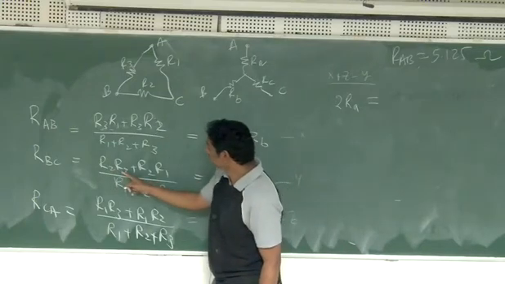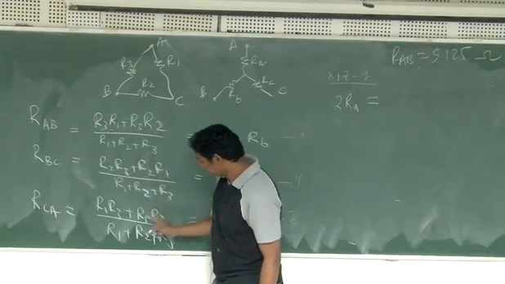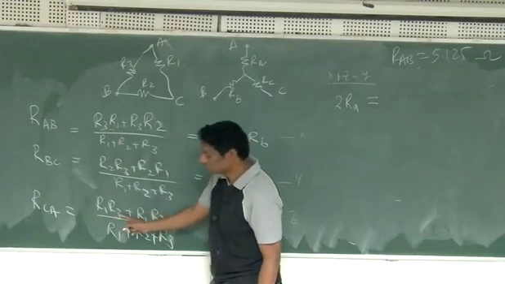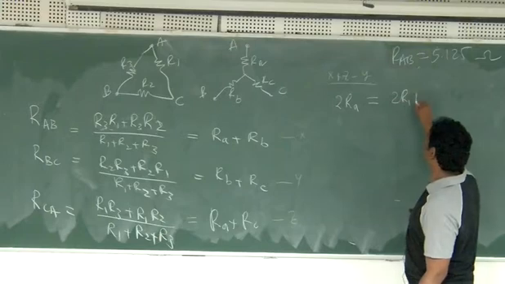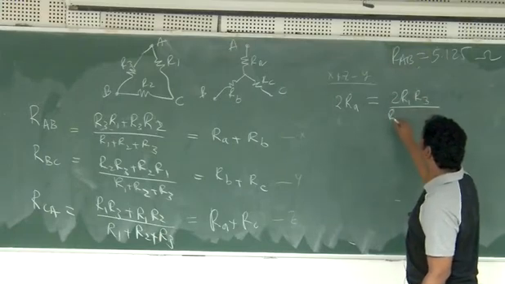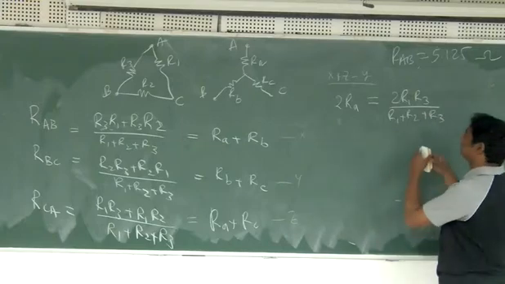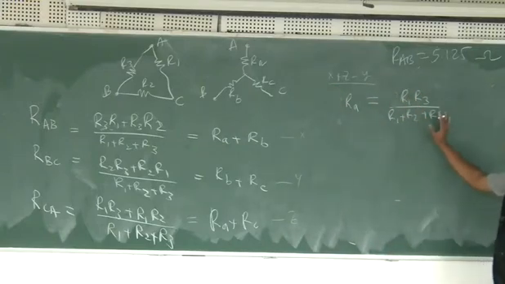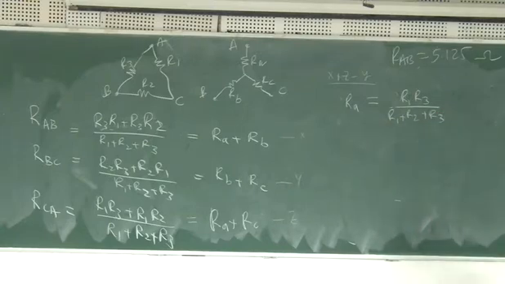I cancel the R2 R3 term, and I cancel the R2 R1 term. The remaining terms are R3 R1 and R1 R3, or 2 R1 R3 divided by R1 plus R2 plus R3, and the 2 I can also cancel. Simple. So the right side is known, the left side is unknown. You can find the value of RA.